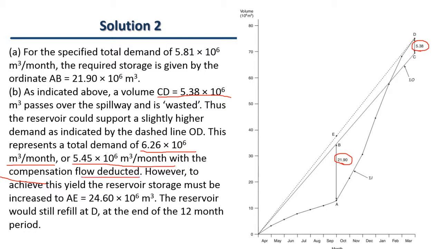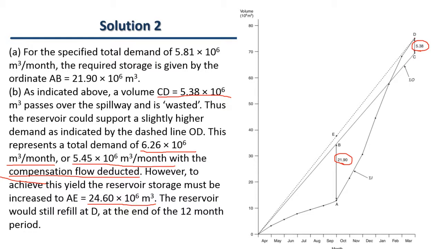So if you take away the compensation flow, we can supply 5.45 million cubic meters for this situation, and in that case you need to have 24.60 million cubic meters.